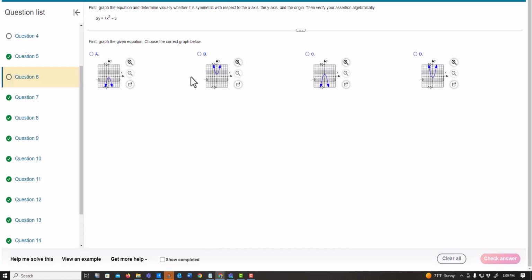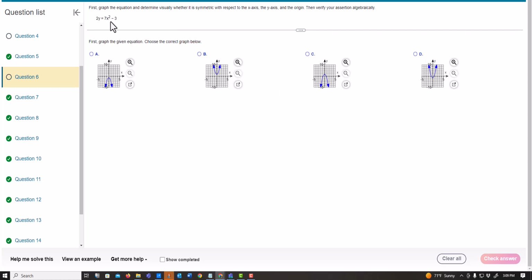All right, so now the next one, I can see that this is a parabola. The value on the x squared is positive even when you divide by 2. So I know this is going to be concave up, so I have the choice of these two.